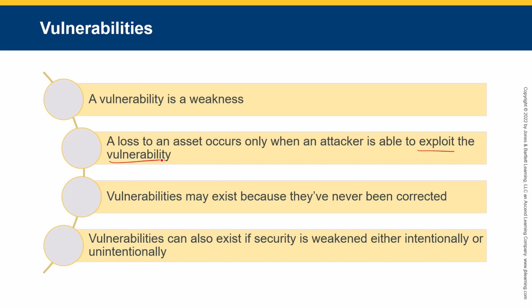Just because there's a vulnerability does not mean that it's going to be exploited. Sometimes they go unnoticed, or sometimes they go noticed real quick. It really just depends, so there isn't a hard and fast rule with that. Vulnerabilities can also exist if security is weakened, either intentionally or unintentionally. You could lower protection and by accident increase your exposure to that weakness.